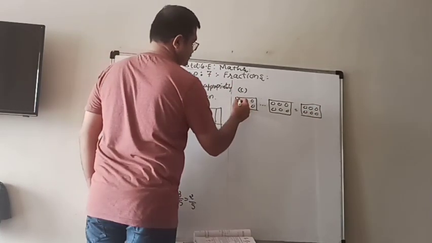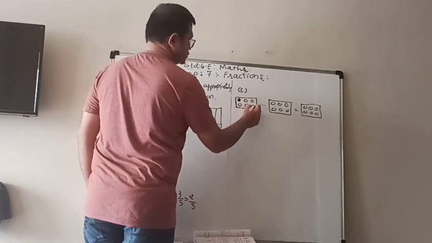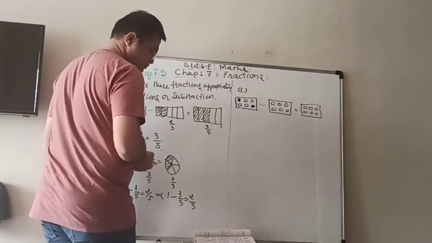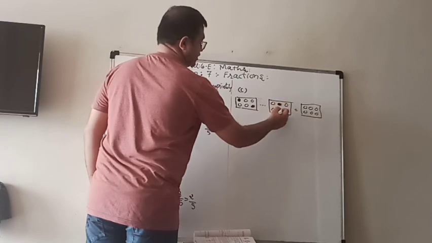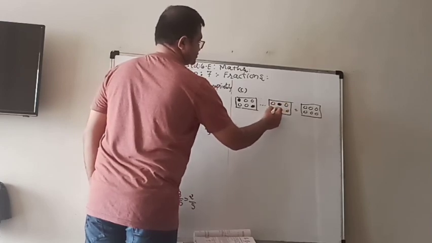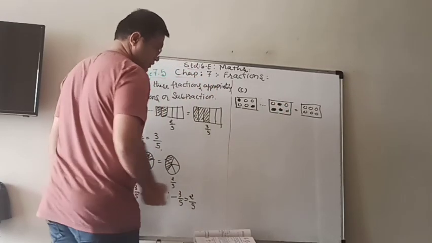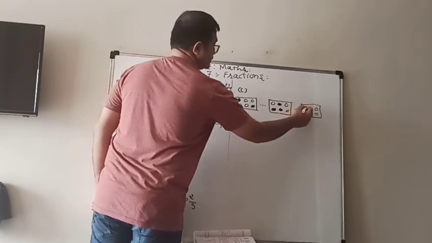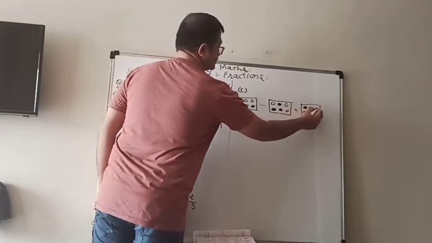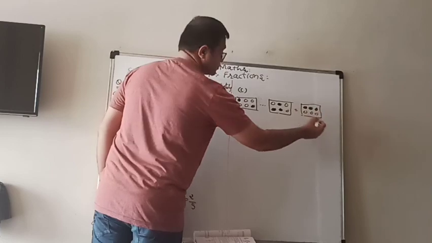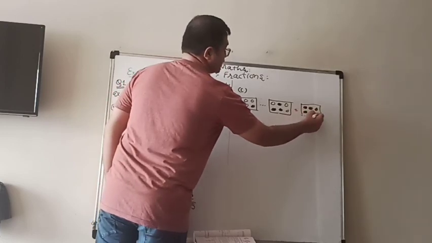In the first one, 2 circles are shaded. Here 1, 2 and 3 circles. In the last one, 1, 2, 3, 4 and 5 circles are shaded.